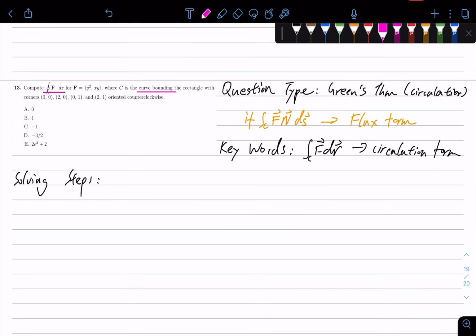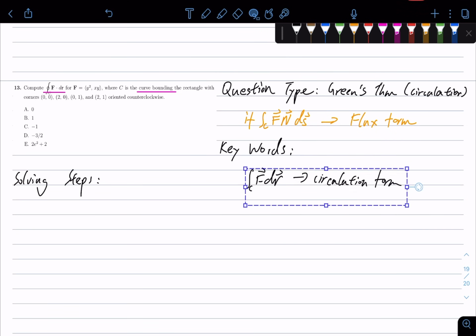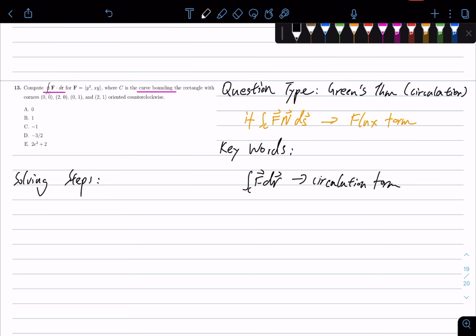Green's theorem is a translation between a line integral and an area integral, so for the area integral, the curve must enclose itself to form that area. So I'm going to say this is a closed or bounded curve.